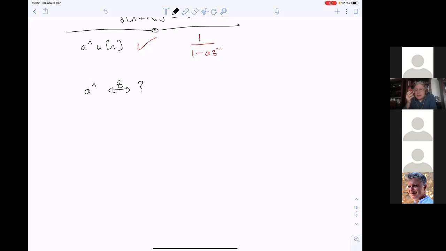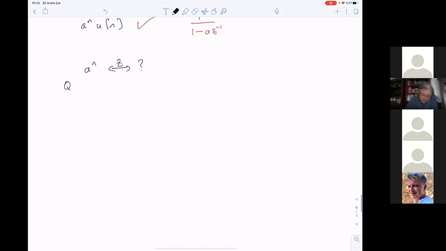There is a very typical exam question that I always ask, which is a question like this. Question tells that there is a system, h of z or h of n, which is the impulse response. H of z is the z transform of the impulse response, which is the system response.